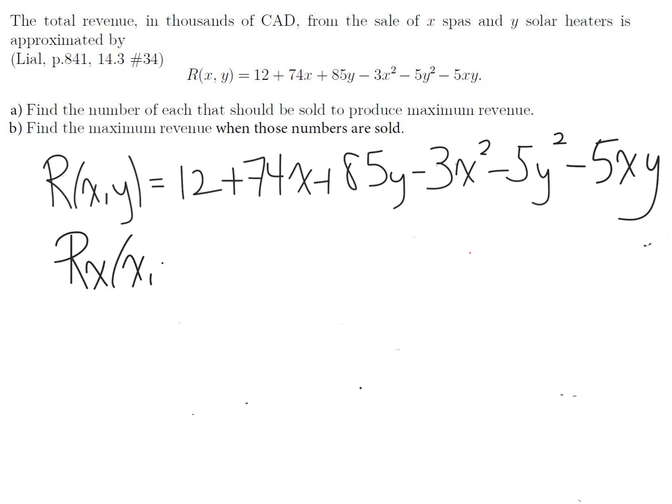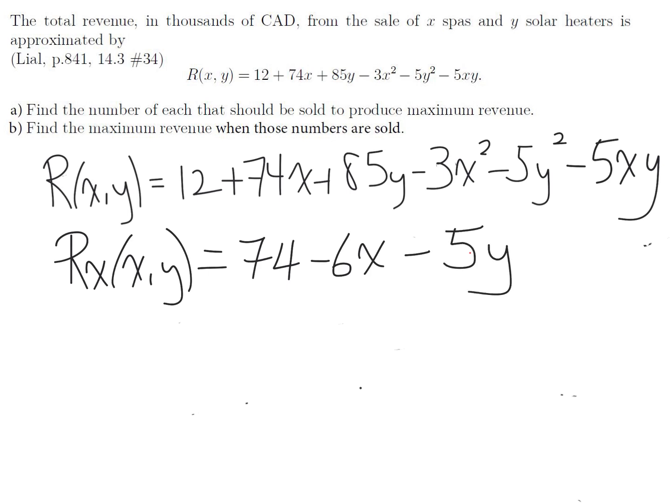So the first partial derivative with respect to x, keeping y constant, we have 74 minus 6x minus 5y. Is that right? Yes. And then first derivative with respect to y. So we're considering the x variables constant.